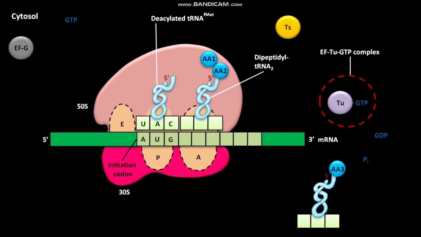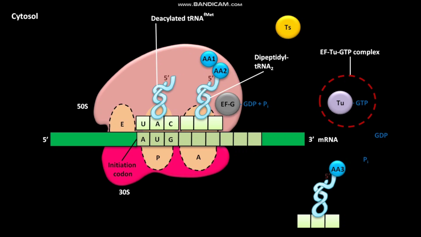In elongation step 3, an elongation factor called EF-G or translocase binds to the GTP. The EF-G GTP complex then binds to the ribosome. The GTP bound to EF-G then undergoes hydrolysis to produce GDP and Pi.